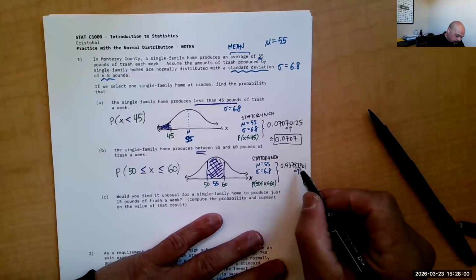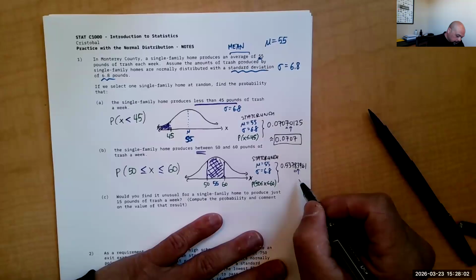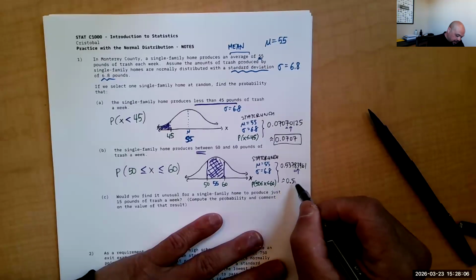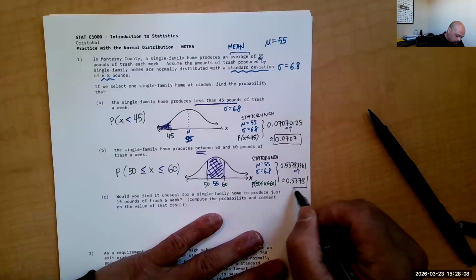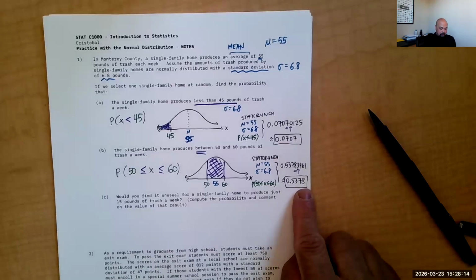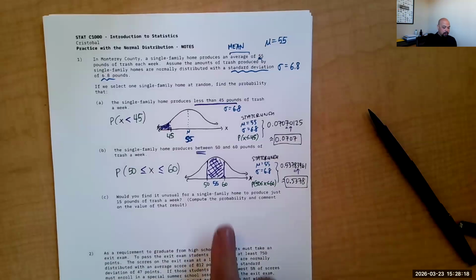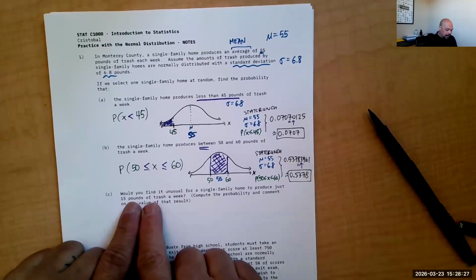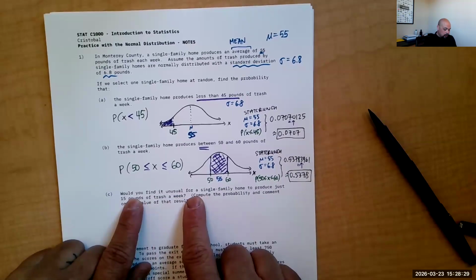Again, 4 or below, we're going to let that digit stay the same. So this is going to be 0.5378. Okay. So about 53.78%, almost 54% of those single family homes in Monterey County produce between 50 to 60 pounds of trash each week.